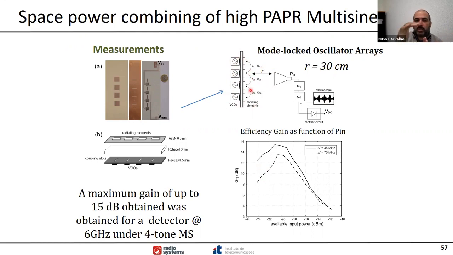So you don't have the clipping effect that you would have if you went with a four-tone signal towards a single amplifier. As you can see here, we obtain a significant efficiency gain over a one-tone RF to DC converter. This is the efficiency gain we achieve when we combine the four tones with multi-locked oscillators.